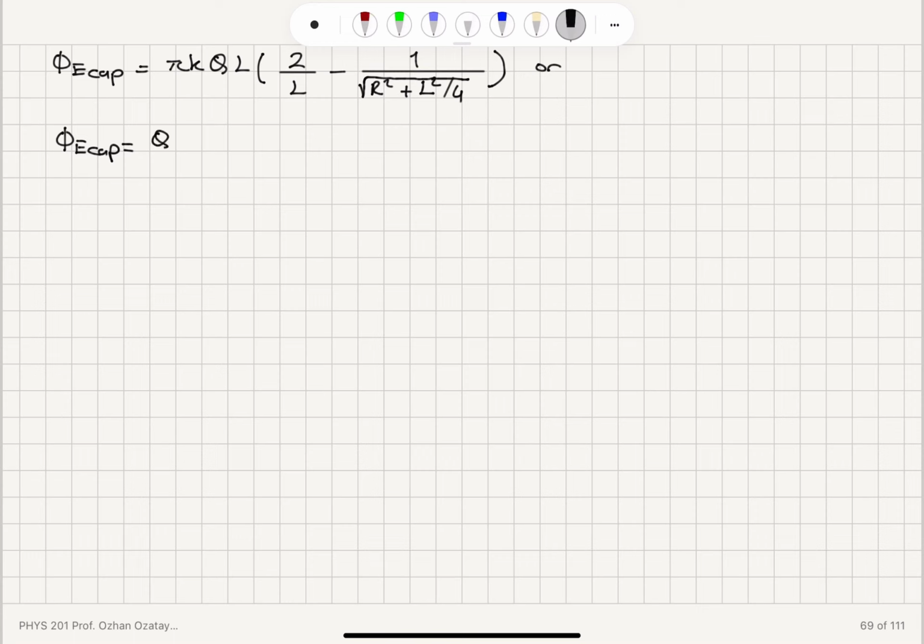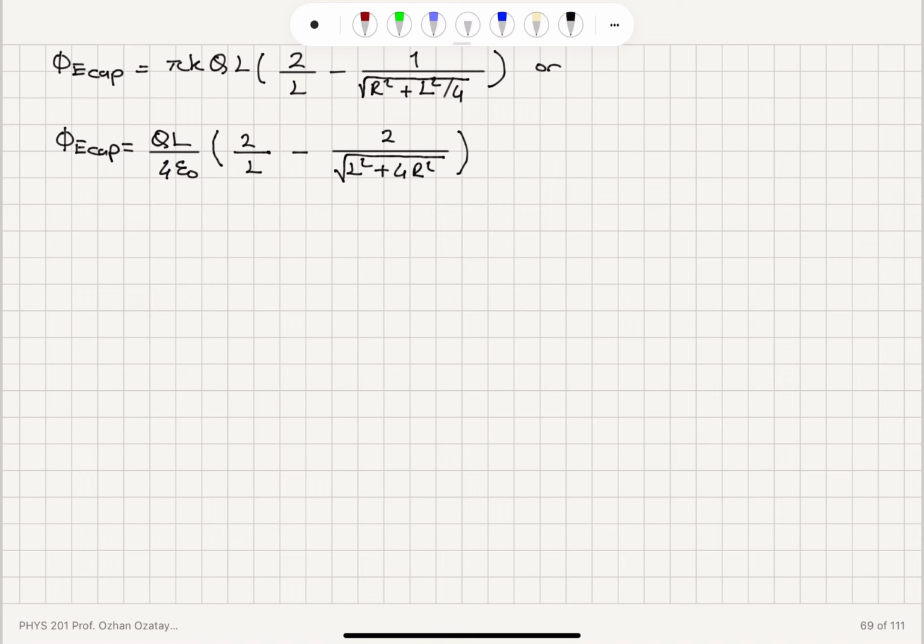I obtain q capital L divided by 4 epsilon 0, 2 over L minus 2 over the square root of L squared plus 4R squared.